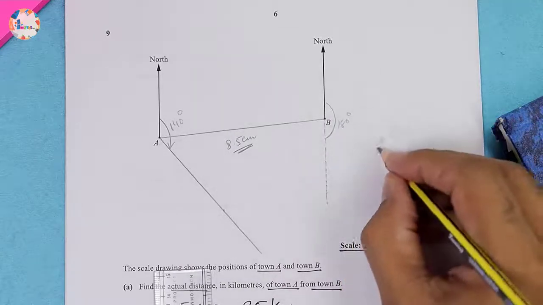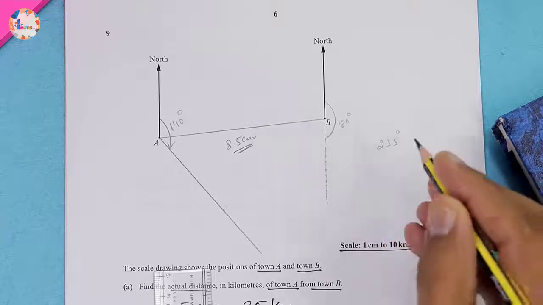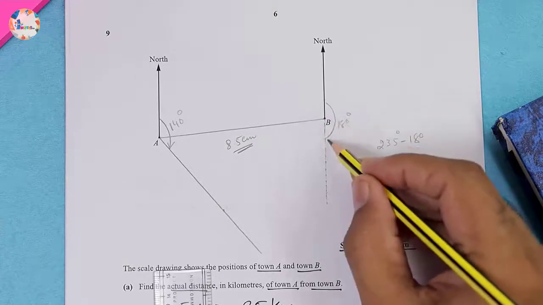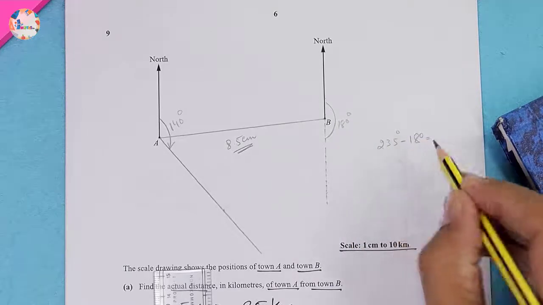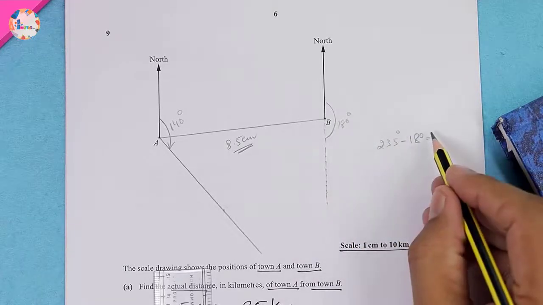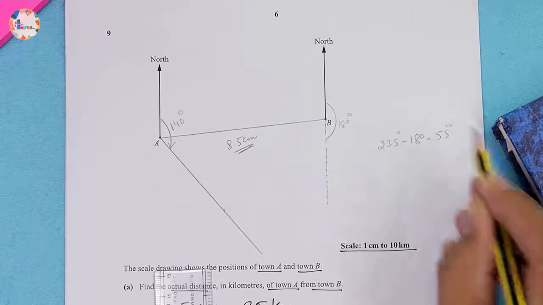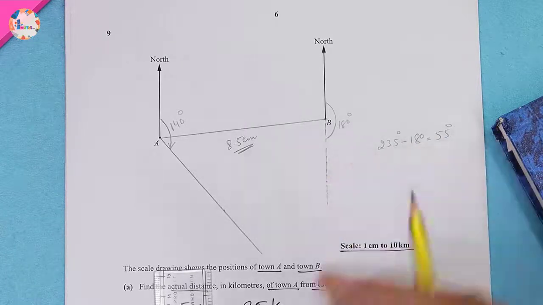We have to draw 235 degrees, and 235 minus 180 degrees, the remaining angle, will be 55. So 55 degrees we have to take in addition to this one.